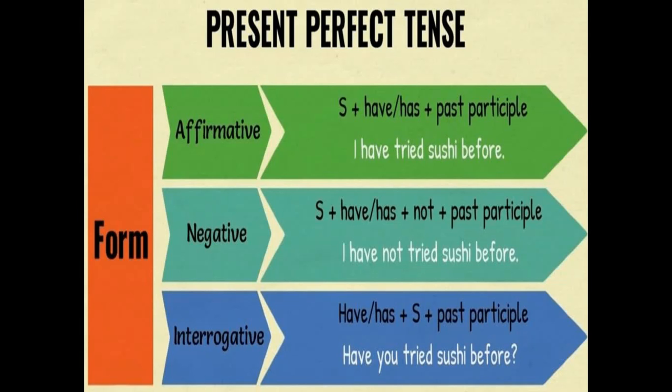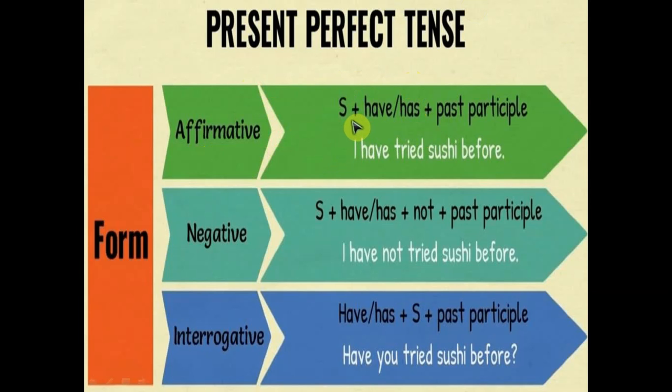Okay. We have affirmative form, negative form, and question. How to make an affirmative sentence in the present perfect tense? As we said, we have to start firstly with verb to have, okay? But before verb to have, we have to put the subject, okay?